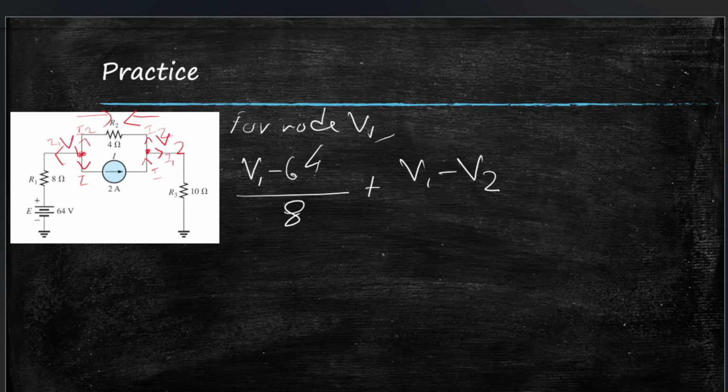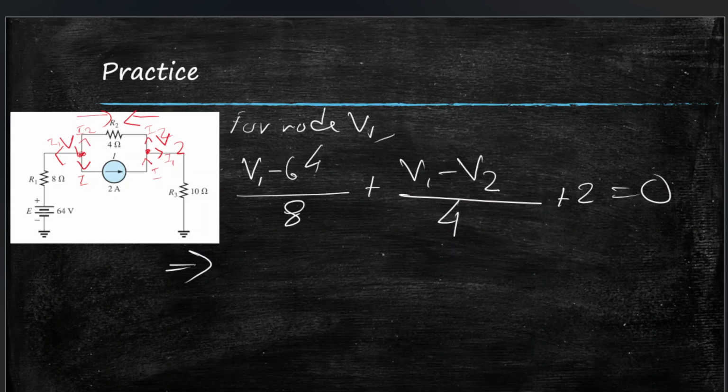Whichever node we are analyzing, that node is the king. So v1 minus v2 over R2, so that's 4. That is the current exiting, and all the currents are exiting from node 1. So we'll have plus I, so that's 2 ampere, equal to 0.